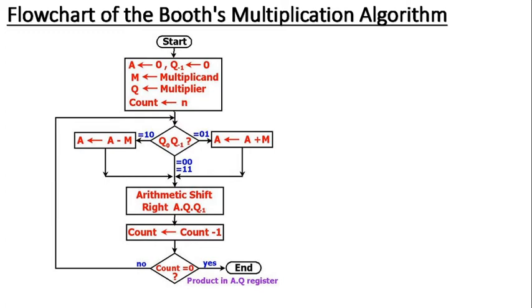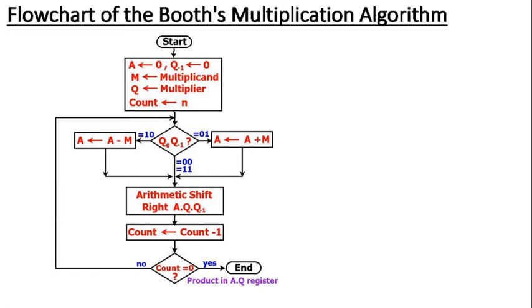Product is copied in AQ register, where the upper n bits of the result will be copied to register A and the lower n bits of the result will be copied to the Q register. Okay, so this is the total explanation of the Booth's multiplication flowchart.